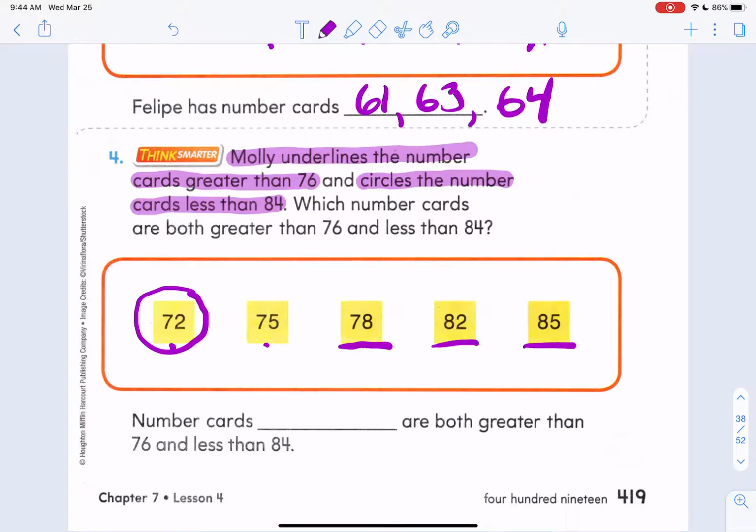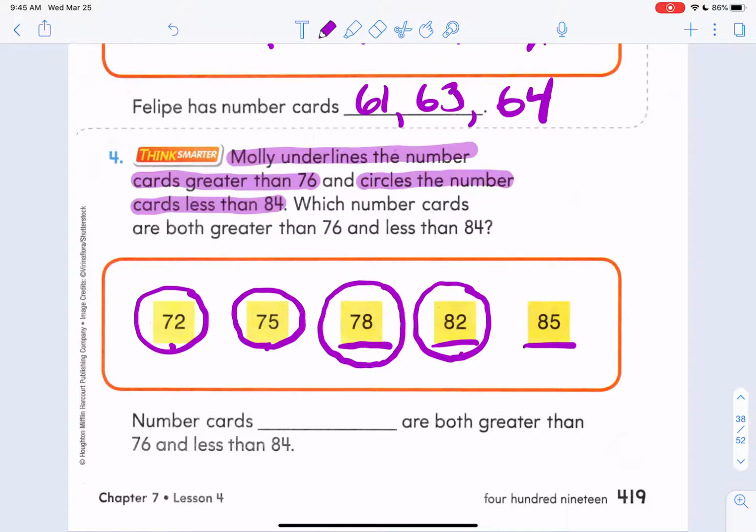Is that less than 84? Yes. Circle it. 78. Is that less than 84? Yes. 82. Is that less than 84? Yes, it is. And 85. Is that less than 84? No. So I leave it alone.